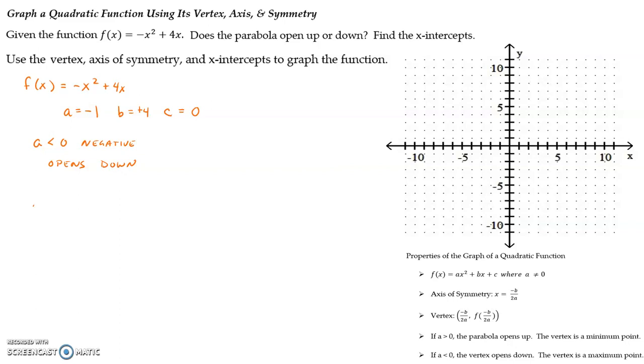If we have a parabola that is opening downward, then we know we're going to have some type of max value that is going to occur at the vertex. So let's go ahead and calculate our axis of symmetry first, and then we can go ahead and find the vertex.